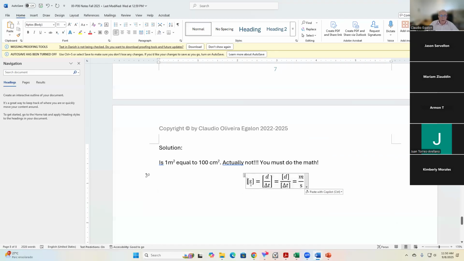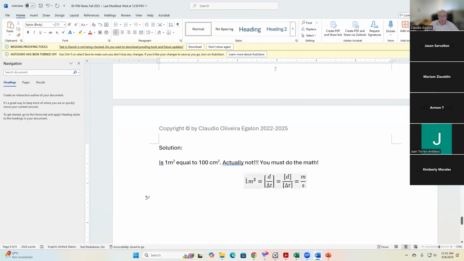So 1 square meter, and I want to write down this square meter in terms of centimeter square. How do you do that? You have to account for this square that you see right in here, okay? I'm going to boldface the square.